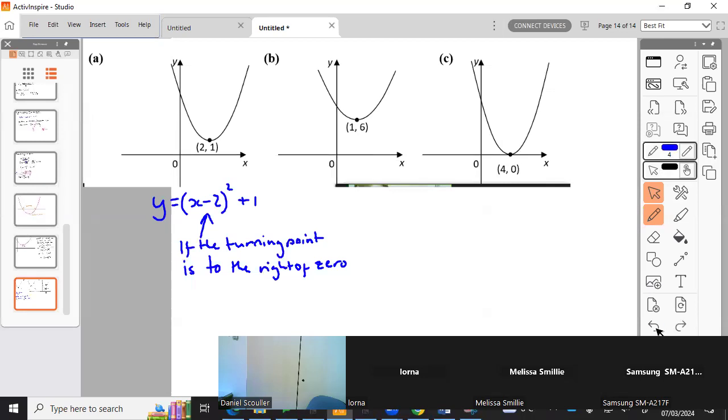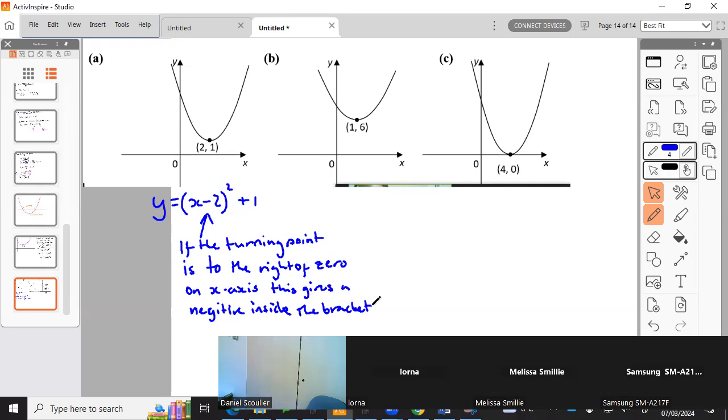So if it's to the right of 0 on the x-axis, then similar to when we were working out sine and cos, this gives a negative inside the bracket. So if the turning point in the graph that you're showing, or the graph that you're trying to sketch, is to the right of the 0, that sign is going to be negative there.